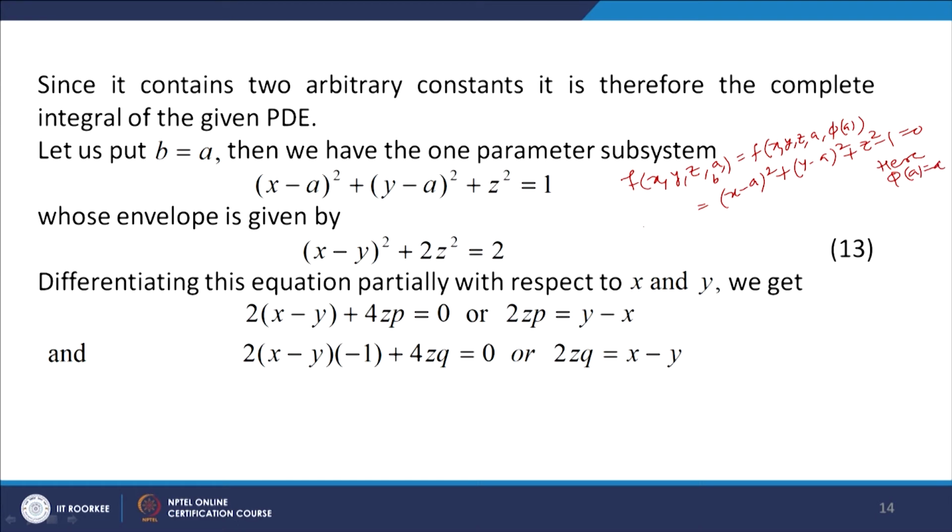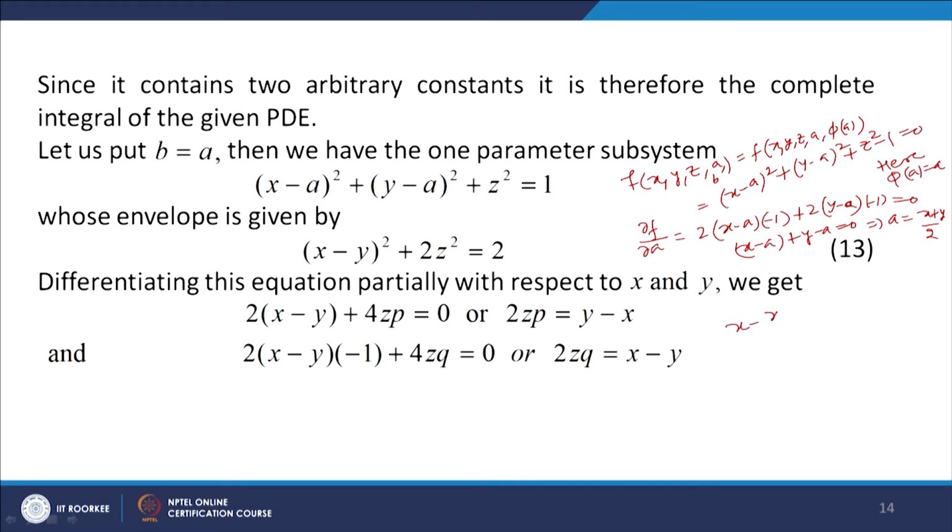Now, we differentiate this with respect to a, we will get 2 times x minus a into minus 1, plus 2 times y minus a into minus 1, equal to 0. So, we can divide by minus 2: x minus a plus y minus a is equal to 0. So, 2a is equal to x plus y, a is equal to (x plus y) by 2. Let us replace the value of a in this equation.